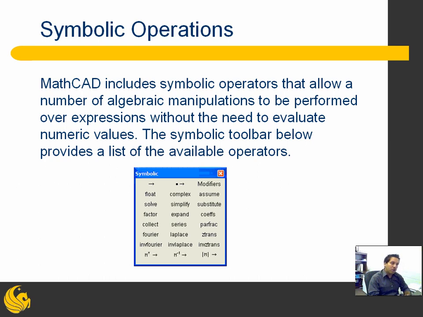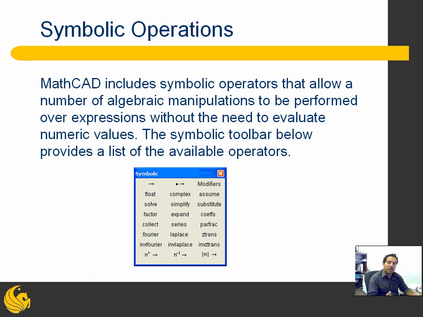It's perhaps the closest a software package to an end user would be to artificial intelligence, because it has to actually make some very difficult decisions when providing us a response to a symbolic analysis, symbolic manipulation, or operations. So MathCAD includes symbolic operators that allow for a number of algebraic manipulations to be performed.